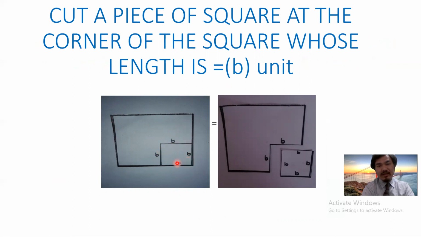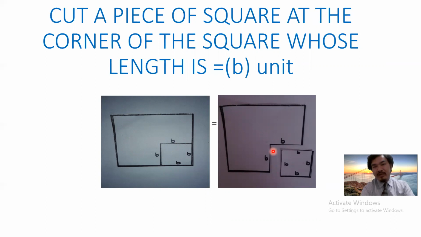You can take this in any corner, here or in this corner, but I have taken it here. Take this square having the length of a side b. This figure is the same, but this one is separated by cutting, this one square whose side was b.